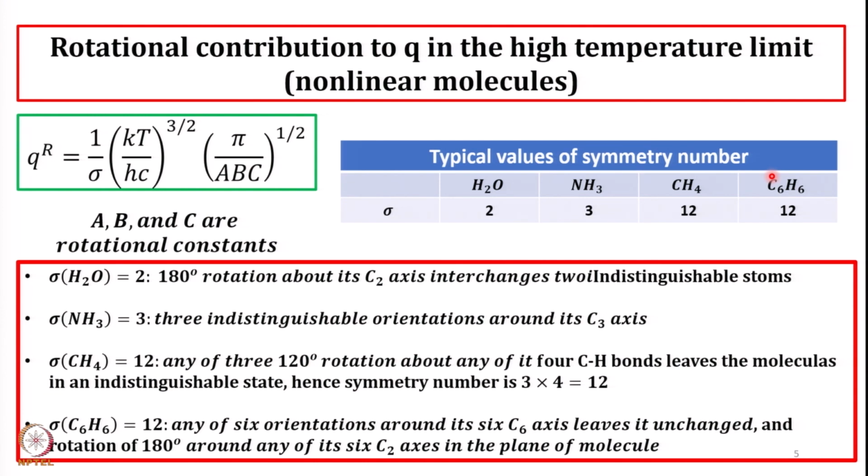For linear rotors, we have derived an expression for the rotational partition function. And I am reiterating again and again that in order to use the high temperature approximation, we need to have knowledge of the characteristic rotational temperature. So as long as the experimental temperature is much higher than the characteristic rotational temperature, we can use the high temperature approximation result.